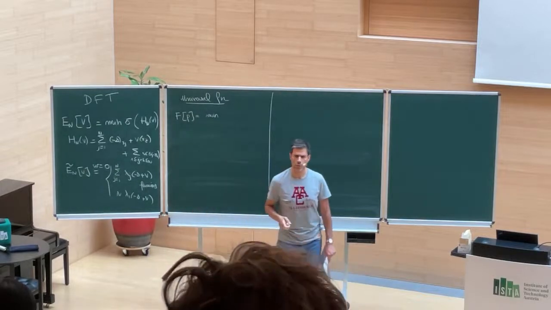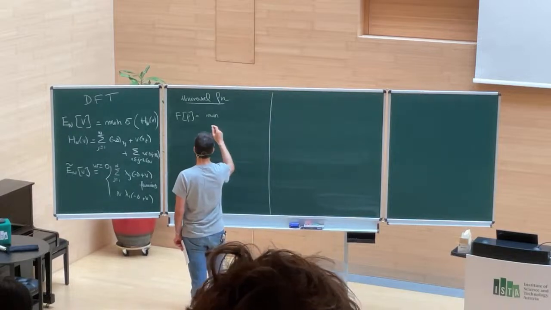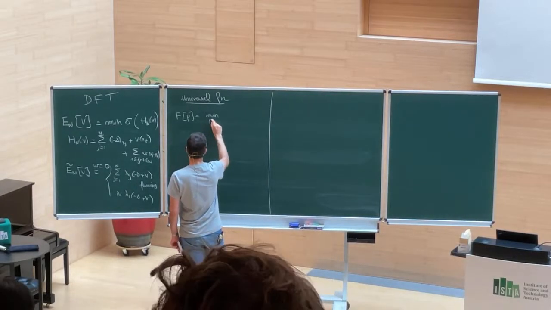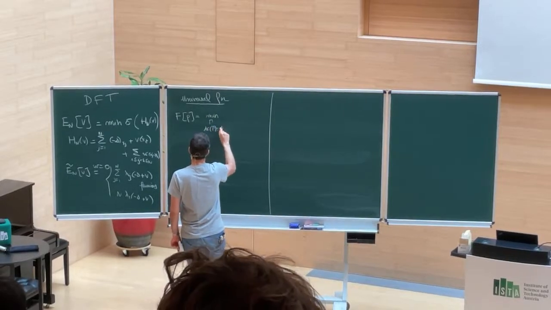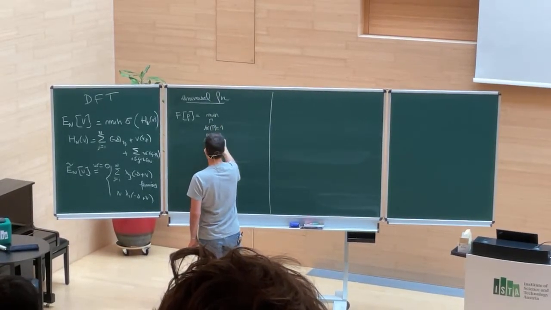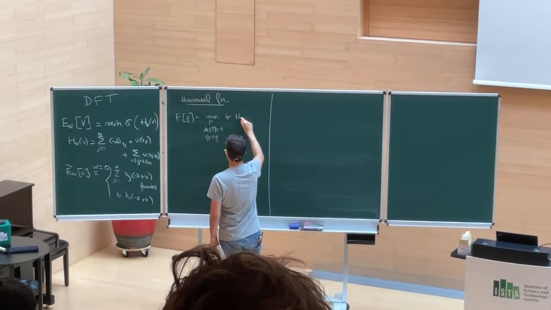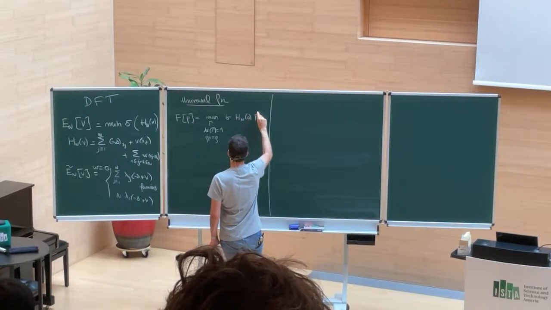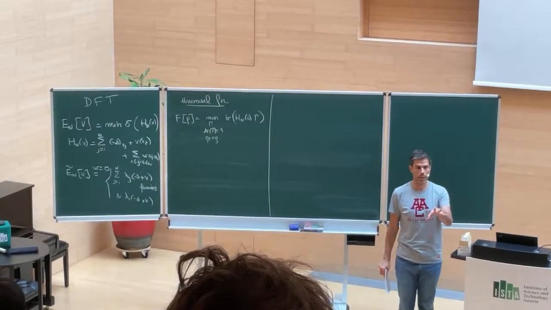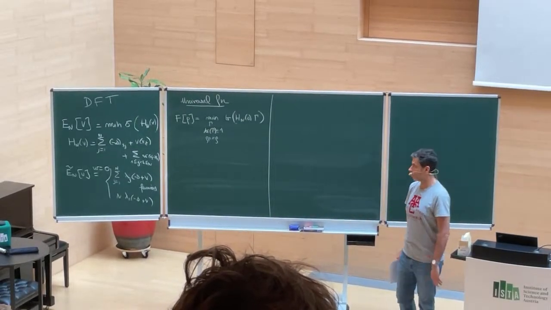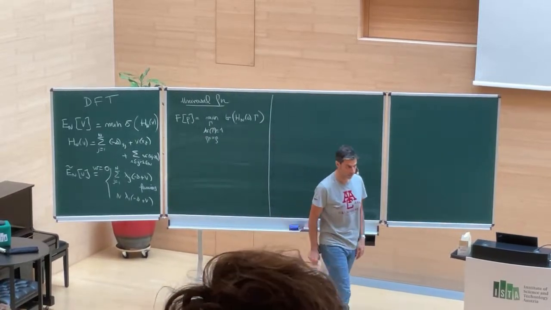And it was very important to use mixed states and not pure states. So minimum over all γ with trace γ equals 1, and ρ_γ equals ρ, of the trace of H_N(0) γ. Okay. Minimum kinetic plus interaction energy under the constraint that the first marginal, if you like, is fixed.